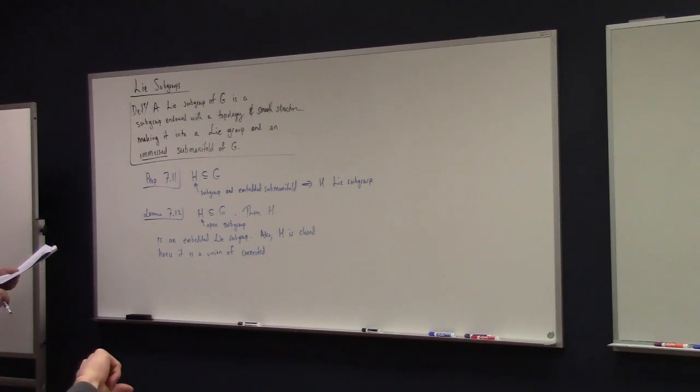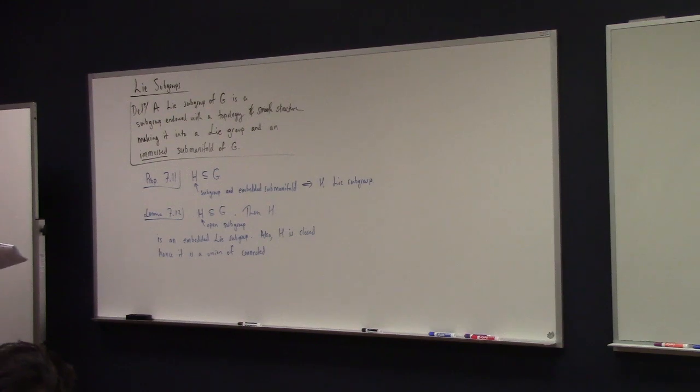So open is stronger than embedded. There are embedded submanifolds which are not open, but I think every open subset of a manifold is an embedded submanifold by one of our theorems. Embedded by the inclusion map, right? Because it's a smooth submersion, if I remember right. We're still in the part of the semester where I haven't forgotten these things. That's good. Hence, H is closed, hence is a union of connected components of G.